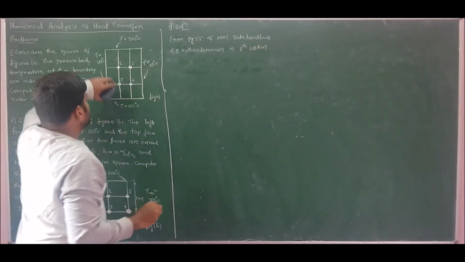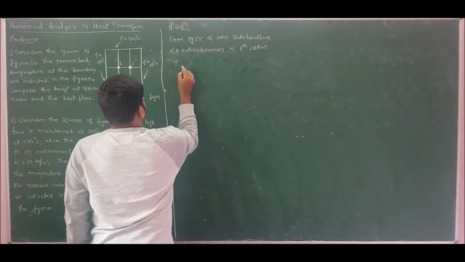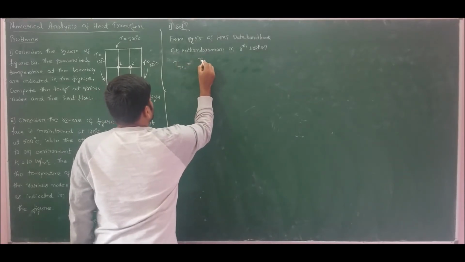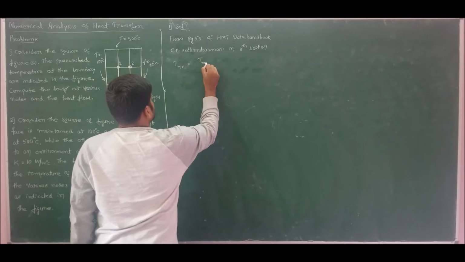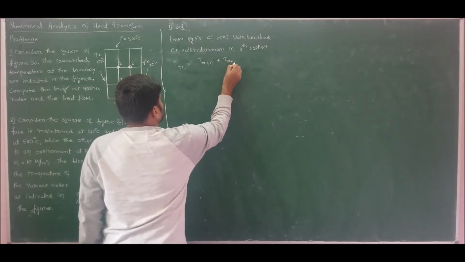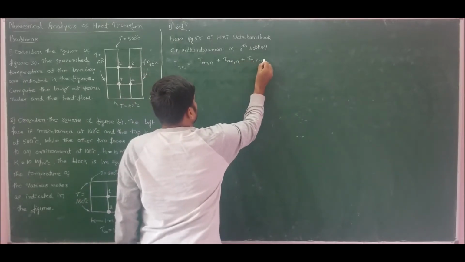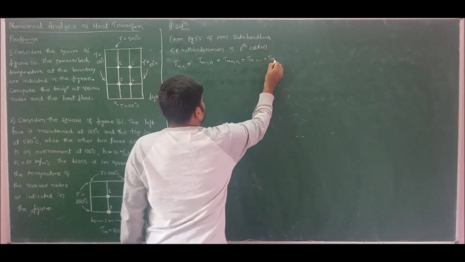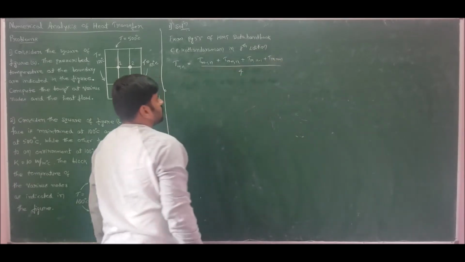For an interior node, the temperature is given by the average of the temperatures of the 4 enclosing neighboring nodes, that is, T of m minus 1 comma n plus m plus 1 comma n plus m comma n minus 1 plus m comma n plus 1, whole divided by 4.